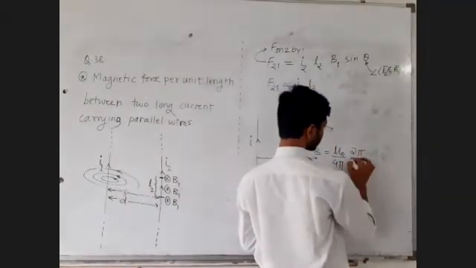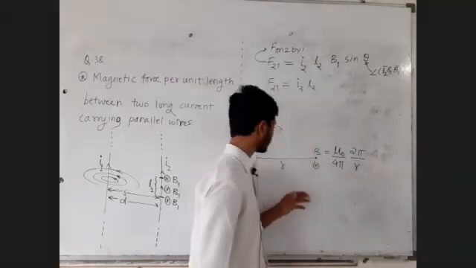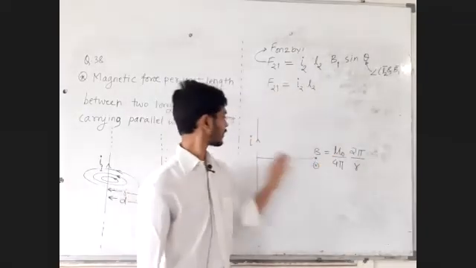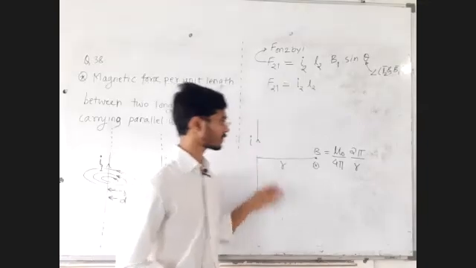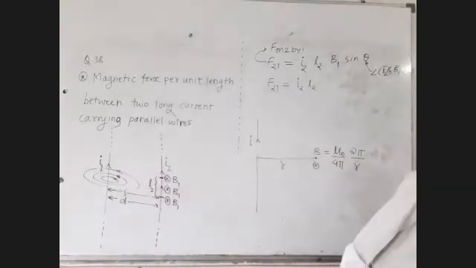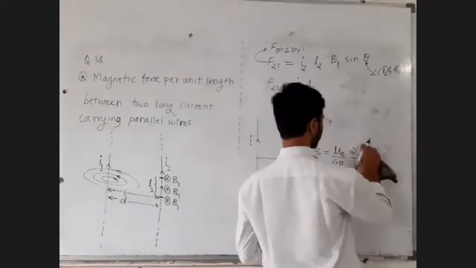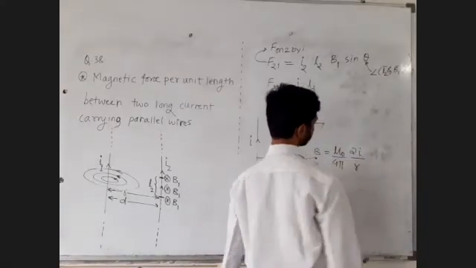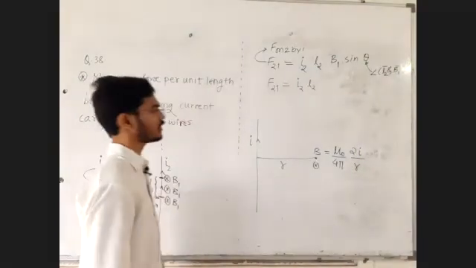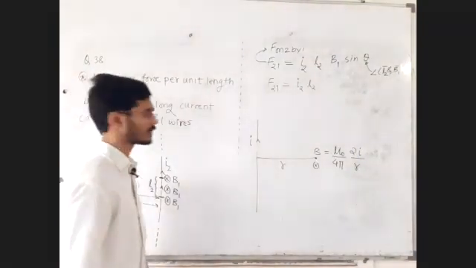In this formula there is no current at all. It is μ0 upon 4 pi 2i upon r. That was the magnetic field due to an infinitely long or very long straight current carrying conductor.